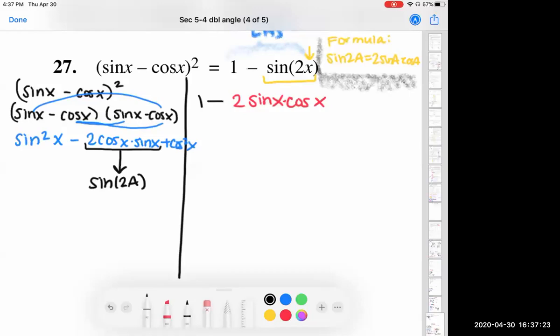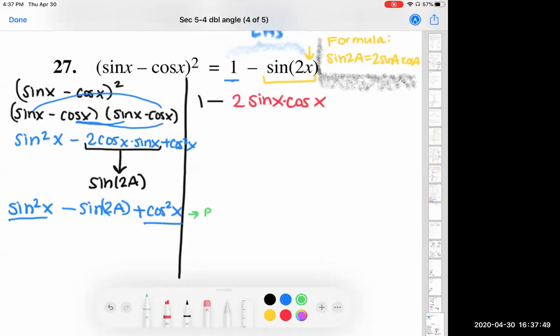So let's rewrite what we have so far. We have sine squared x minus sine of 2a plus cosine squared x. Now we're just missing that 1. How can I get 1 from sine squared and cosine squared? We can use our Pythagorean identities. Is that actually sine 2a?